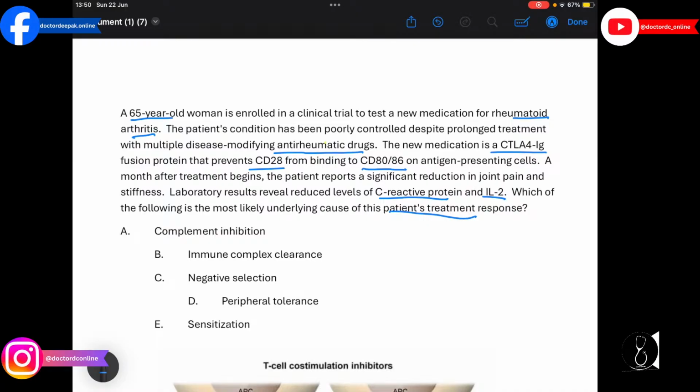Now, in this question, they are saying this is a patient with rheumatoid arthritis, and they gave a new medication that is CTLA4 Ig that prevents CD28 binding with the CD80.